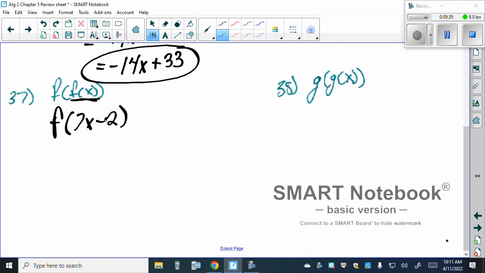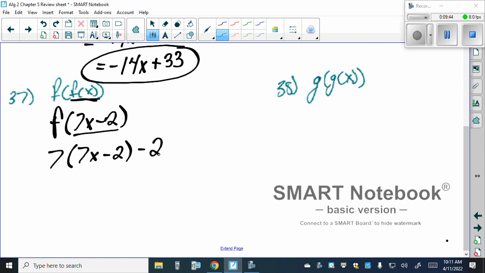Now at this point here, we're taking f of 7x minus 2, yes? So that means I'm going to replace every x in f of x with 7x minus 2. So what that would give us is 7 times 7x minus 2, minus 2.